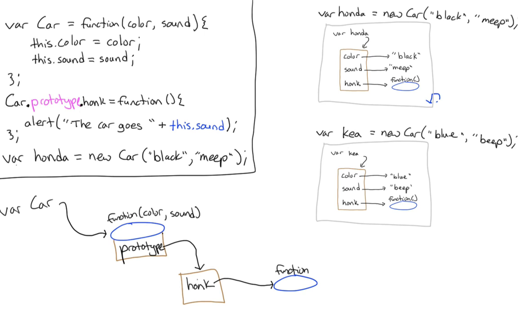So that is it for that second assignment. This diagram right here is all of this right here. So if we were to stop, this is all we would have. Next, we're going to draw out what happens when we do var Honda equals new car.